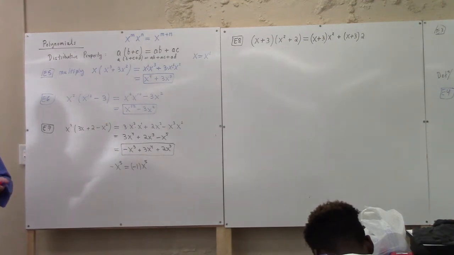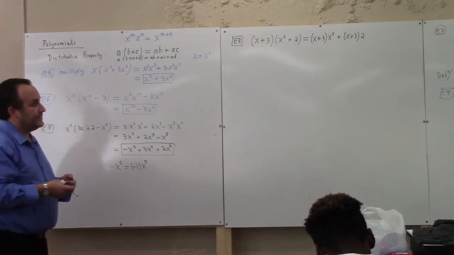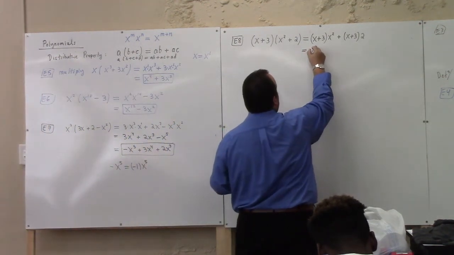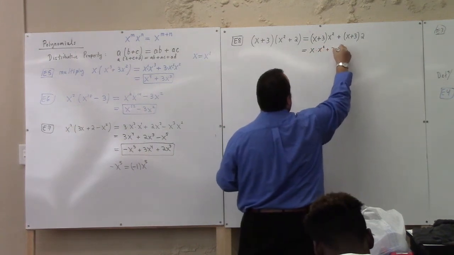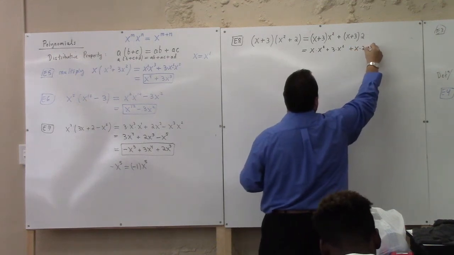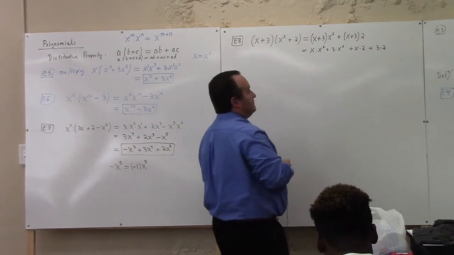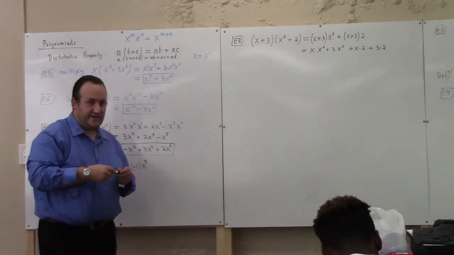Because we can use the distributive property again to multiply those terms. So what do we get now? We get x times x squared plus 3 times x squared plus x times 2 plus 3 times 2. Now what's x times x squared?